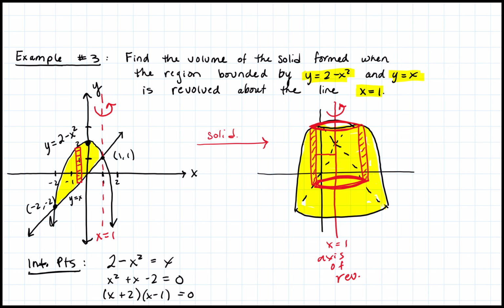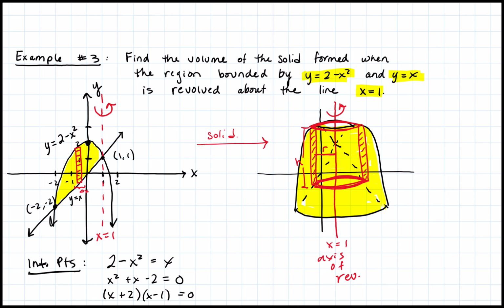And now we need to figure out what is the radius of that shell and what is the height of that shell. And we need it to be with respect to, we could do this on either drawing, but I'm going to come over here to our region. This is going to be a delta x, a thickness of x.